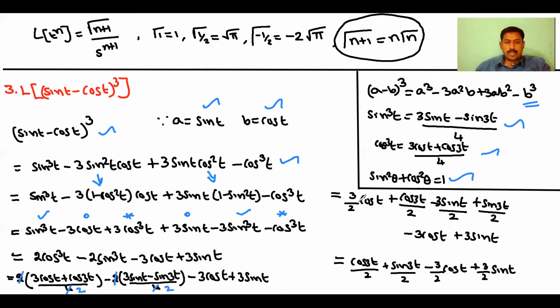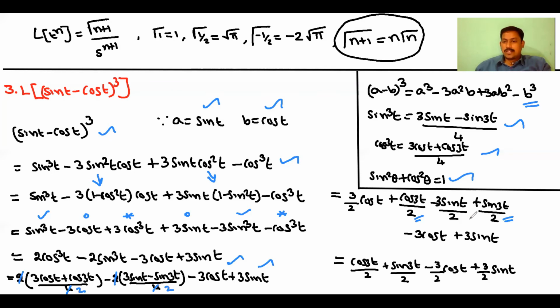If you multiply, you will get 3 by 2 into cos t plus cos 3t by 2, minus, and minus 3 by 2 sin t minus sin 3t by 2. So remaining terms minus 3 cos t as it is, plus 3 sin t as it is. If you add, here you can write the term cos 3t by 2 as it is and sin 3t by 2 as it is.